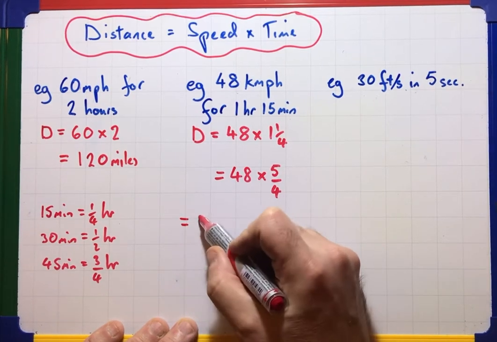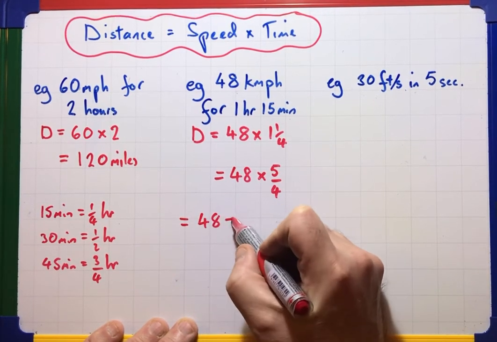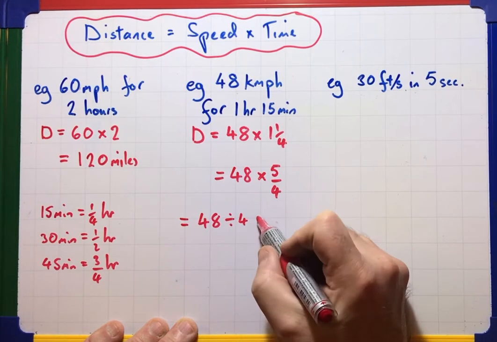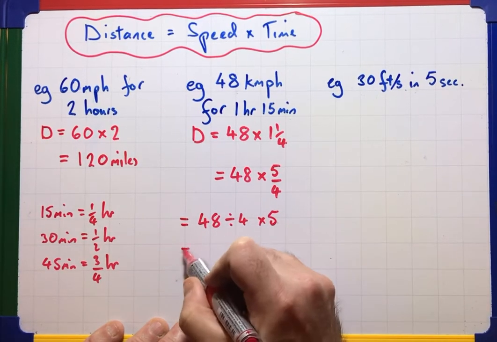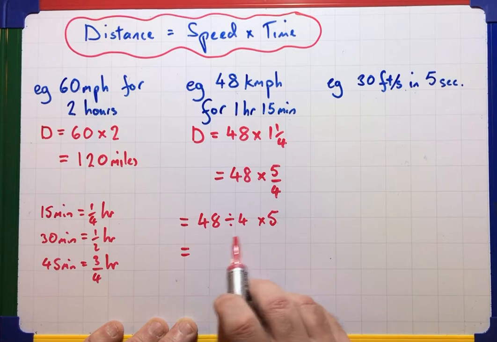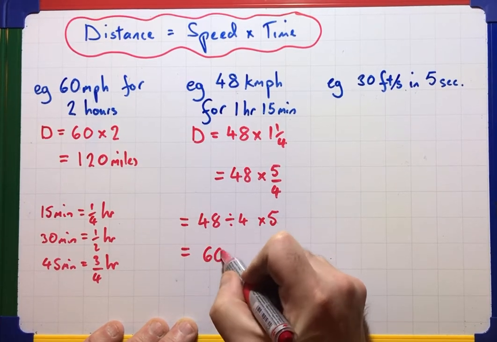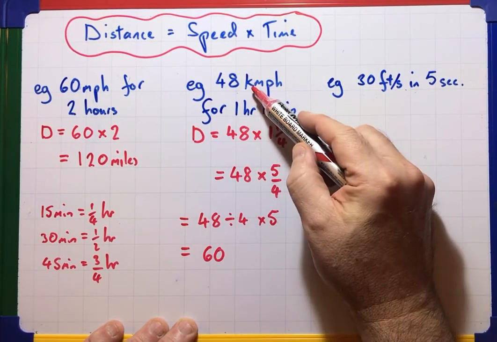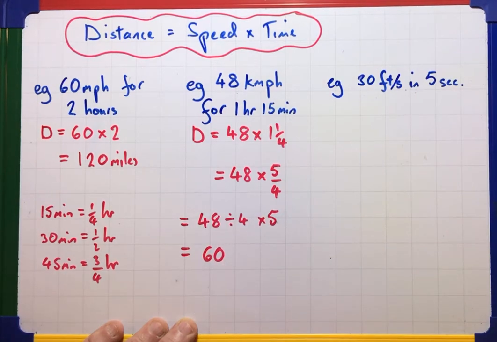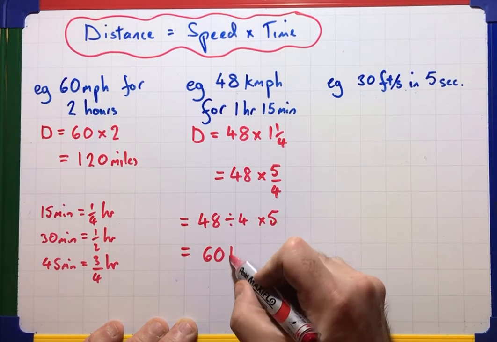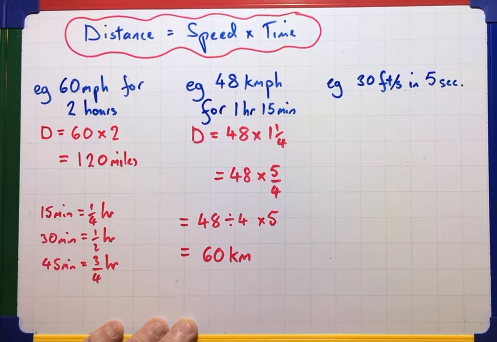So that's 48 divided by 4, then times 5. 48 divided by 4 is 12, times 5 gives us 60. Here, we were dealing in kilometres, because it's kilometres per hour, so our distance is in kilometres.